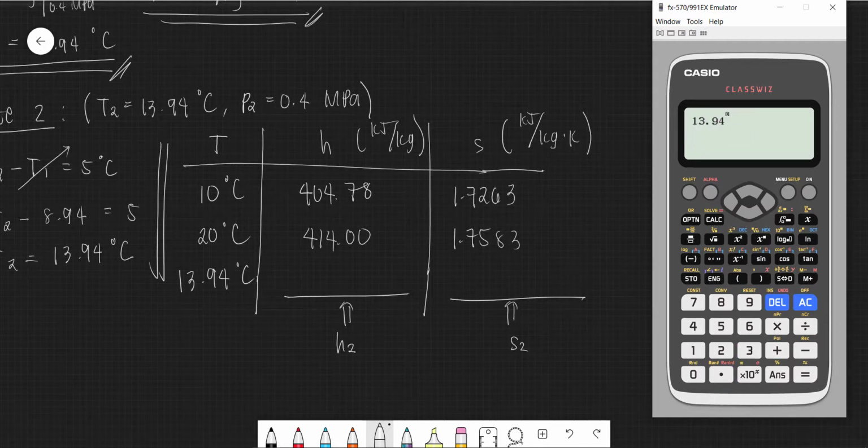And we know that the temperatures are the X values and the enthalpies are the Y values. So, let's solve for the Y values. Press Option, go down, go to regression, and press number 5 for the Y coordinate. So we have 408.41268 as the enthalpy at state 2.